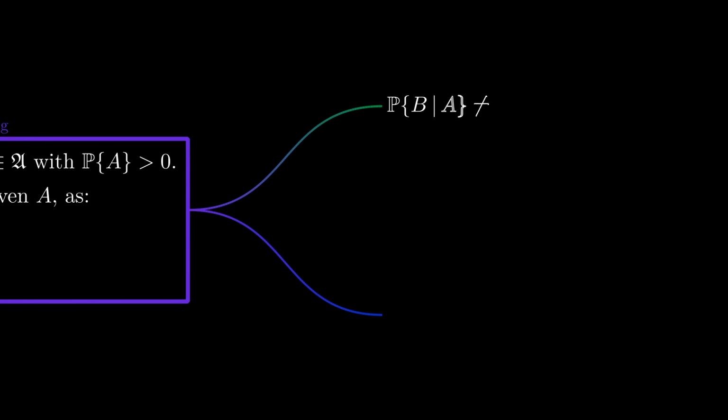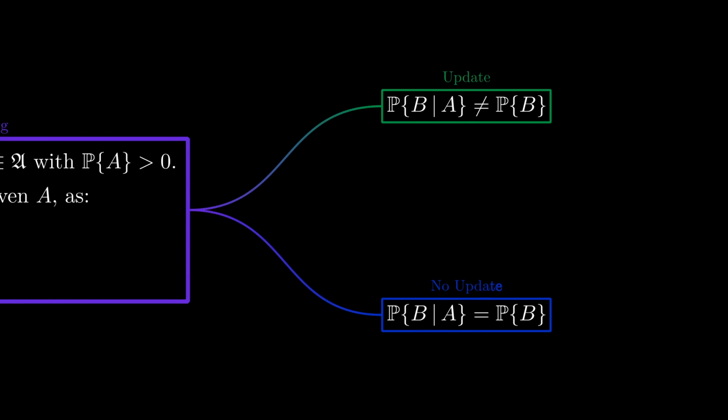Either the given information about A does change, or it does not change the probability that we assign to B. If it does change the probability that we assign to B, we have effectively refined our estimates for B with the information given by A. And if it does not change the probability that we assign to B, we call A and B stochastically independent, as knowing A does not change our estimates for B.